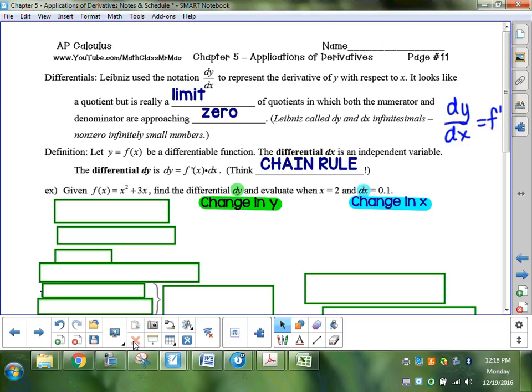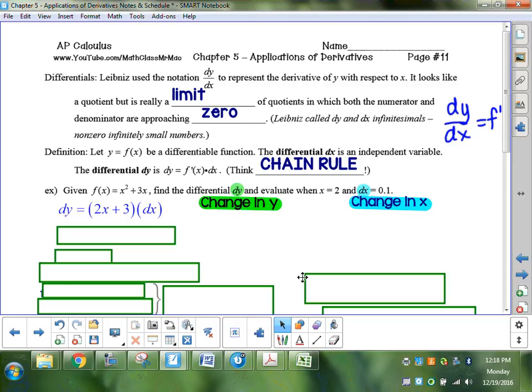So I'm going to start off with that function. Now, when I do this out, I take my dy, which would be equal to the derivative of the function times the change in x. Well, we need to solve this out, except we can now start making some replacements. What is the change in x going to be in this case?